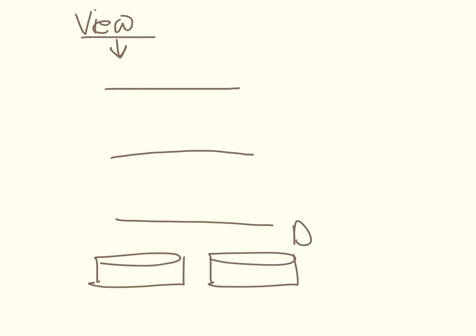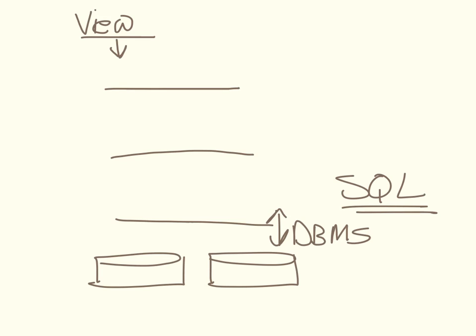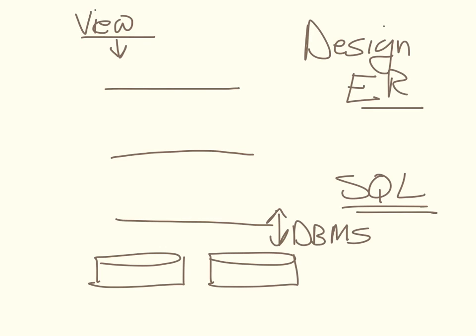If you remember, we have the database management system, right? And so we've learned SQL, and now we're working on learning how to design or organize a database using entity relationship diagrams. Alright, so that's it.